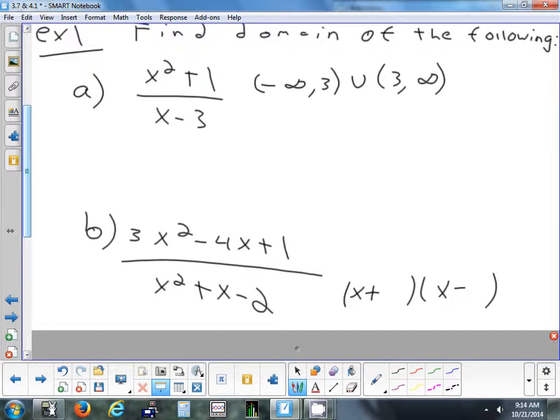I need two numbers that multiply to give me 2, and then I subtract to give me 1. Positive 2, negative 1. You want to make sure you put the 2 with the positive and the 1 with the negative. Let's check it: x squared minus x plus 2x plus 1 minus 2. Now we can see what the roots are.